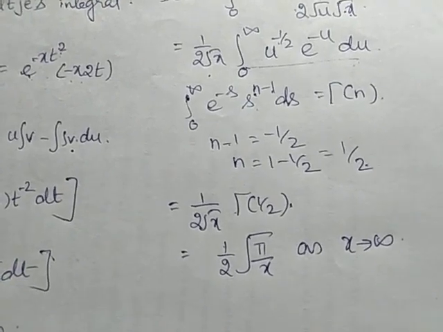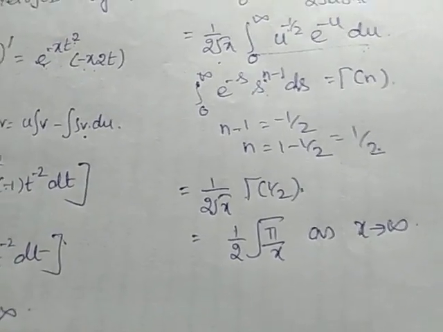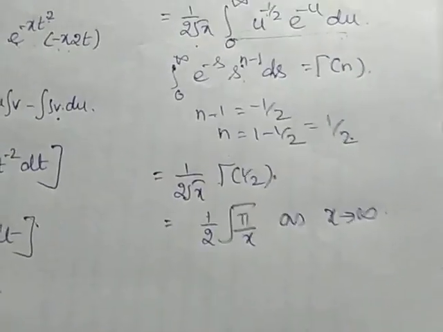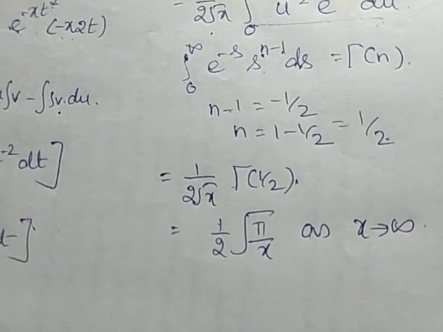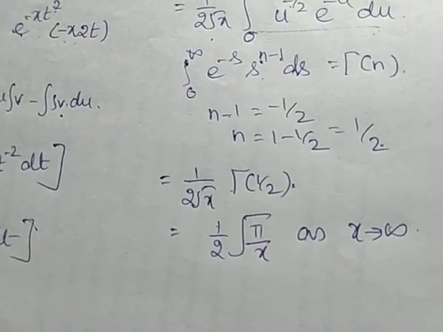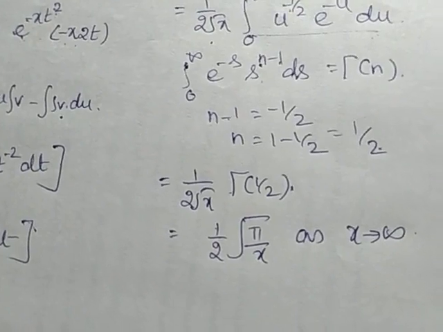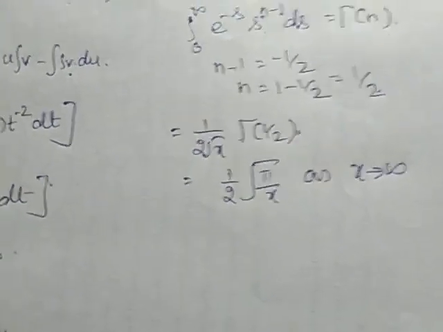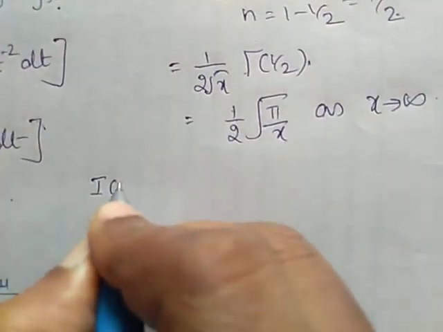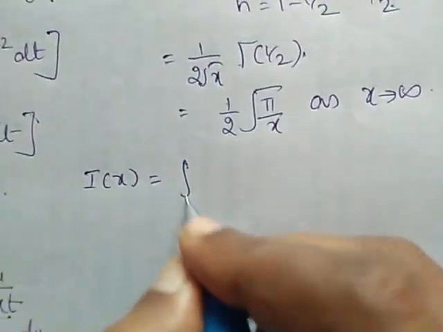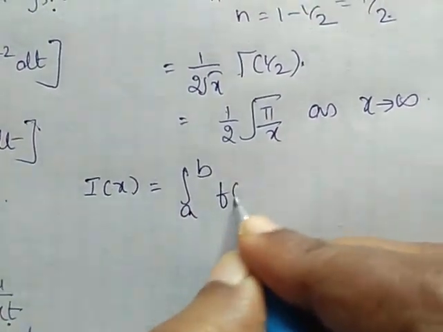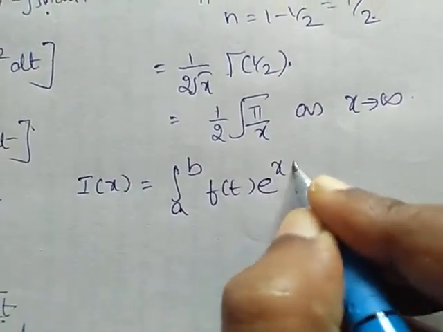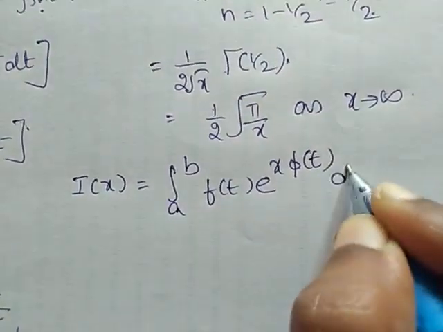So whenever the integration by parts method fails to give an asymptotic expansion, we will go for the substitution method. To generalize that, consider an integral of the form a to b f of t e power x phi of t dt.